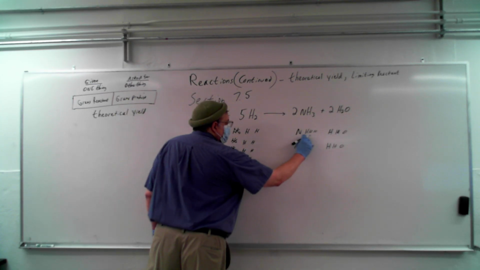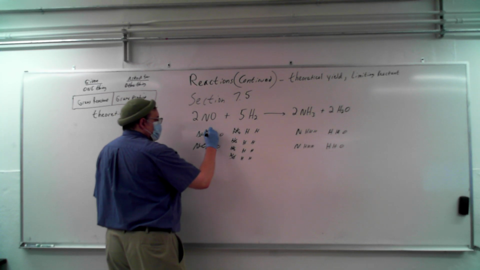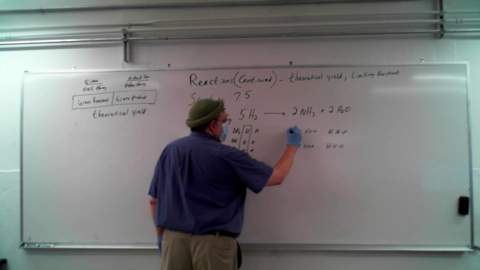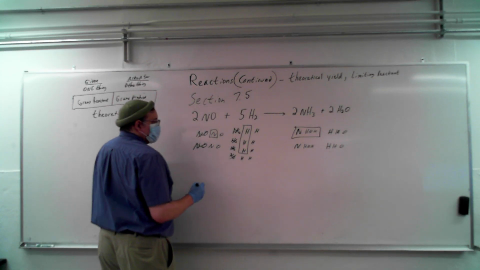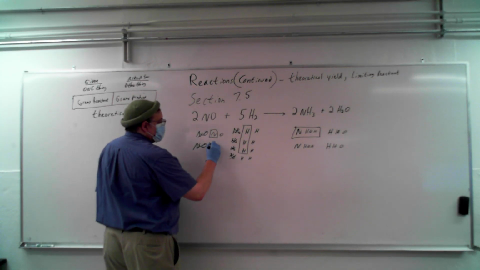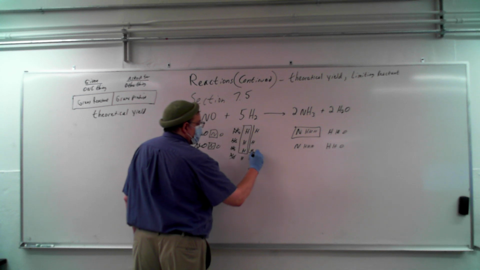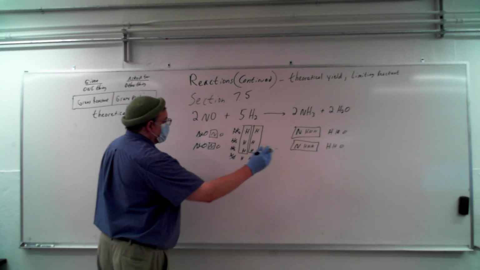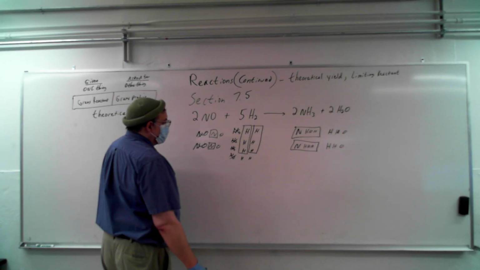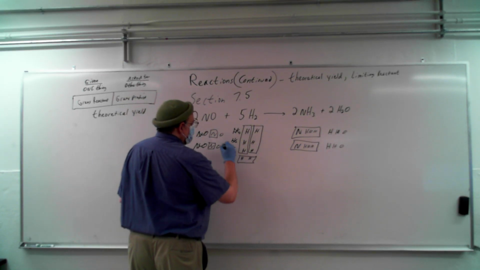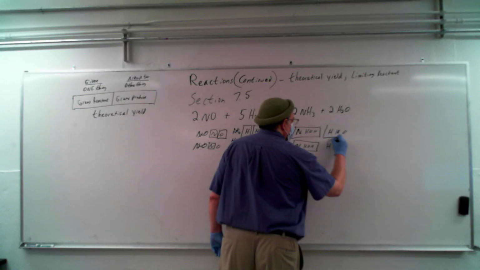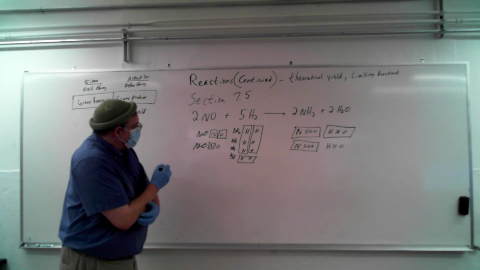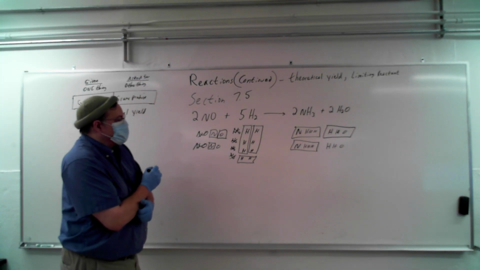I need an N and 3 H's to make the first one of these. So I'll take that, and 3 of these, and then I'll move that. Now I'll take another one of these, and 3 more of these, and now I've made that. All right, let's make the HHO. Now I've made that. What I have left is HHO. No, I don't. I don't have any more H's left.